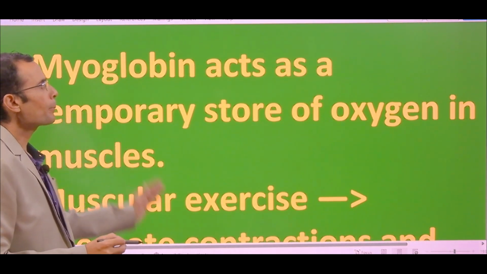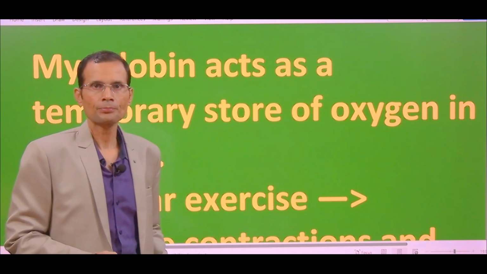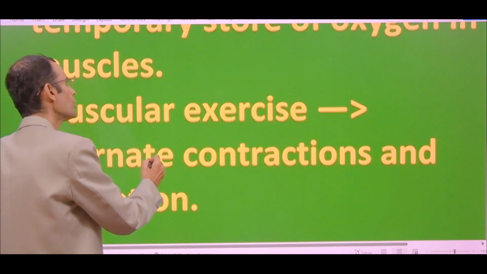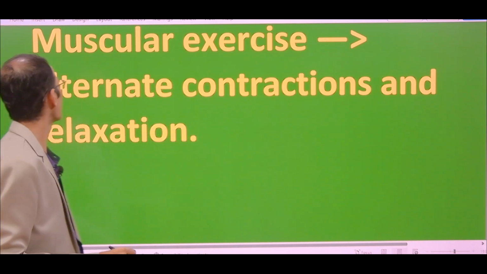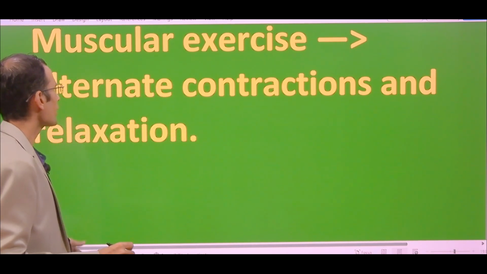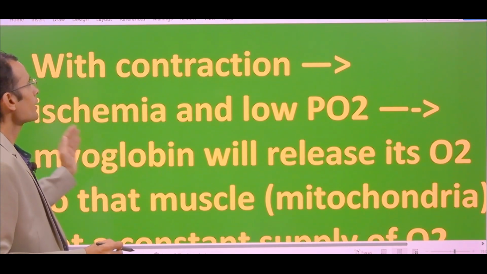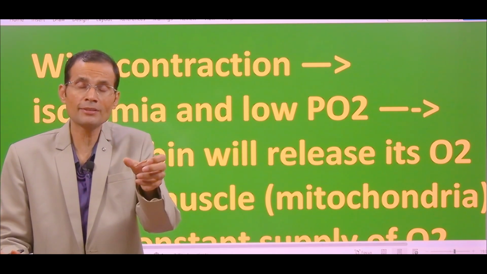Myoglobin acts as a temporary store of oxygen in the muscles. So oxygen is stored, and whenever muscular exercise happens, with alternate contractions and relaxations, with contraction there is a possible ischemia because the blood vessel is compressed.